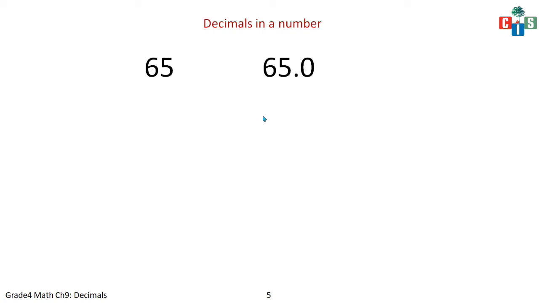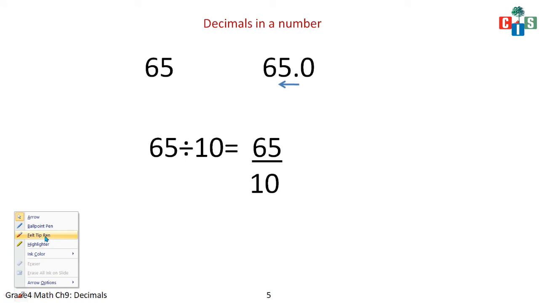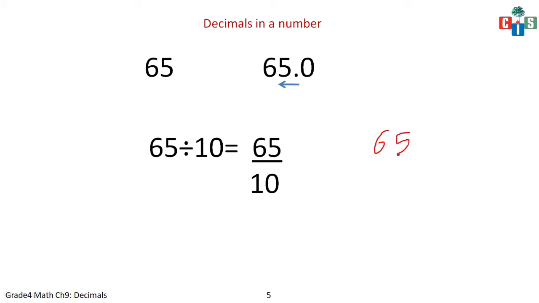Okay, fine. Now 65, if I am dividing 65 by 10, what will it be? It will be 65 by 10. It is represented this way or it is represented this way. Now what will happen is I can place the decimal point to the right. Now see here, this is 65, and the decimal point by default is here.